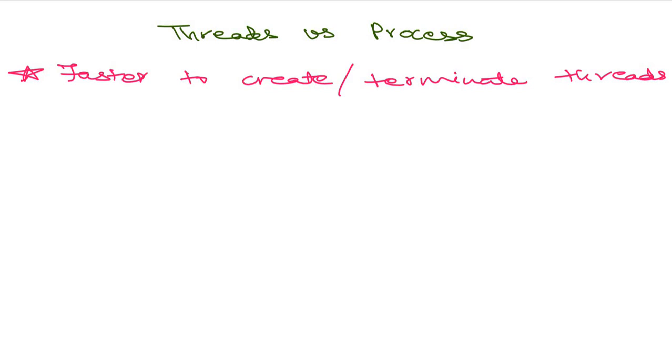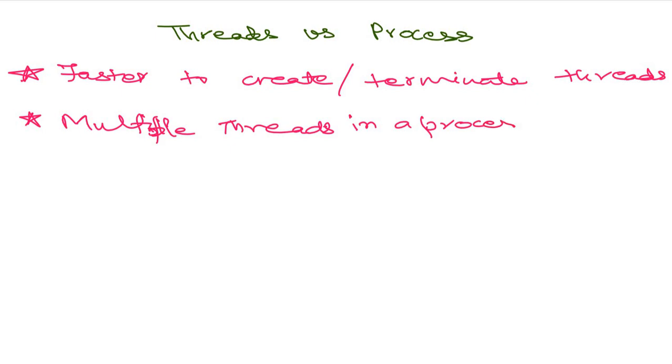Next point is that when we have multiple threads in a process, we have these 3 points. First of all, they share the same address space.